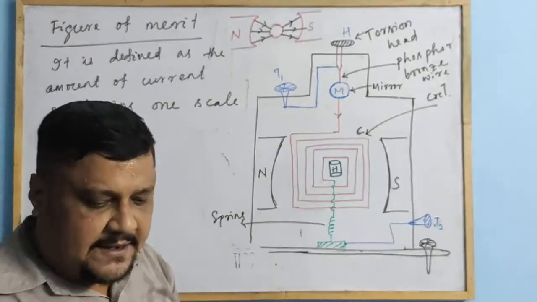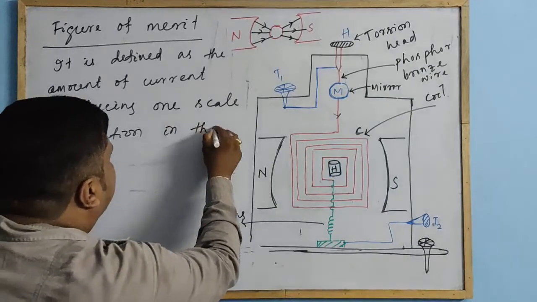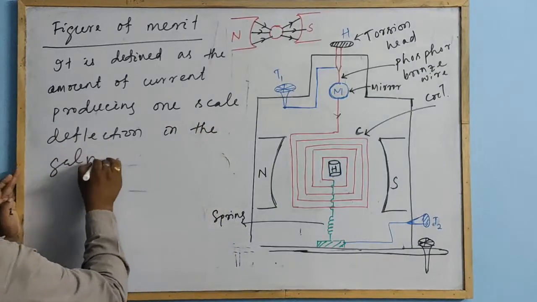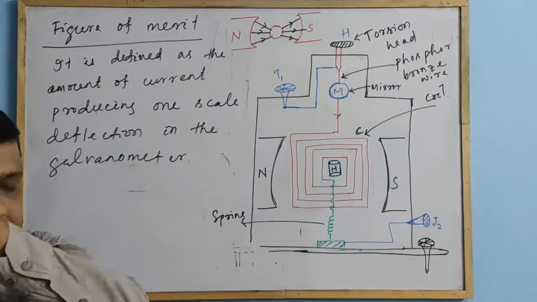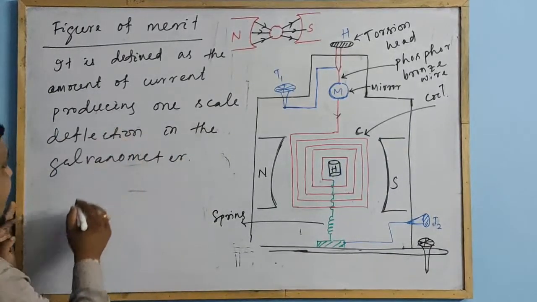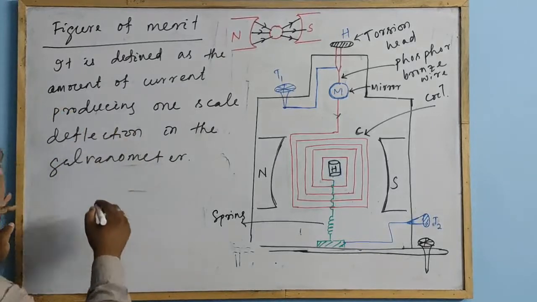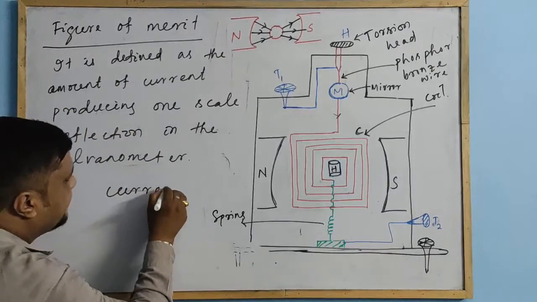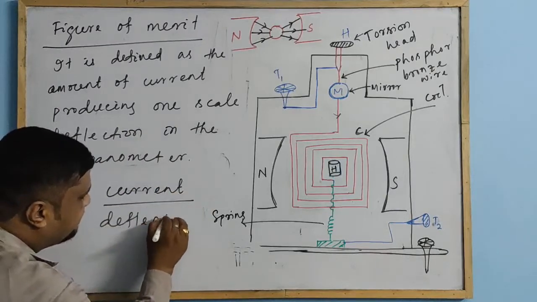So it is defined as the current divided by the unit deflection.